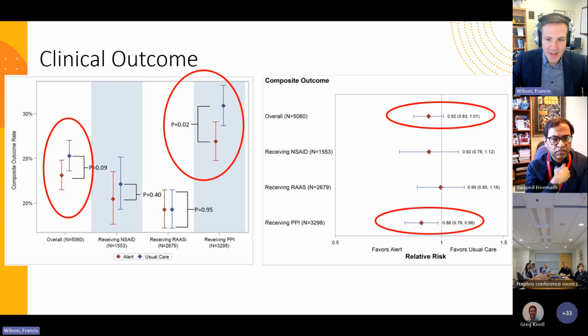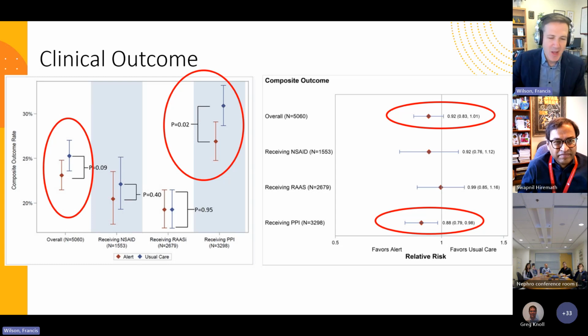And we do actually see a clinically significant benefit of alerting in the PPI group with a relative risk of 0.88 for progression of AKI, dialysis, or death. Interestingly for me, just on the angiotensin system inhibitor, not a whiff of signal here in terms of clinical outcomes.